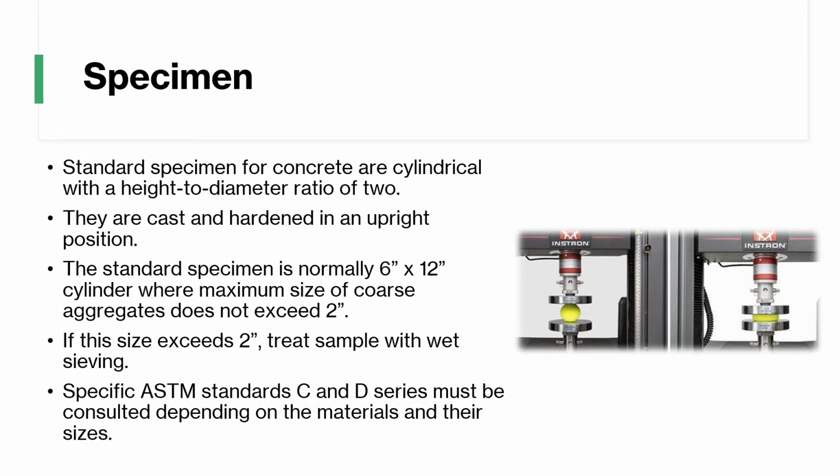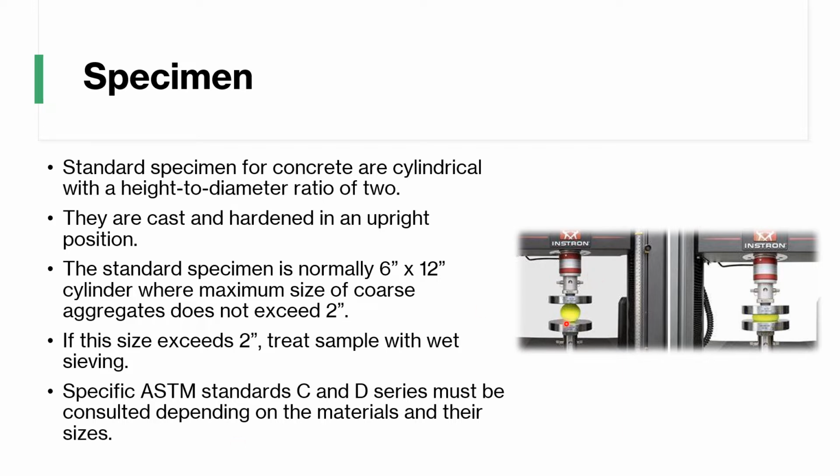Every time you see that, your brain should think of it like this: height over diameter, and you can use big D or small d, it doesn't really matter. It's a ratio of 2, meaning height divided by diameter, with a silent 1 right there. They are cast and hardened in an upright position.